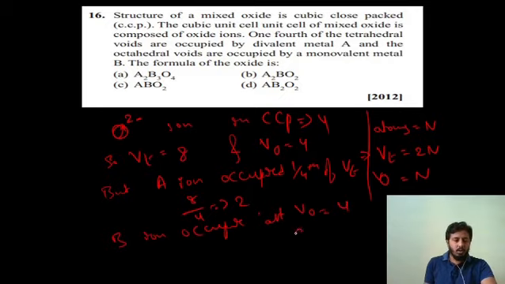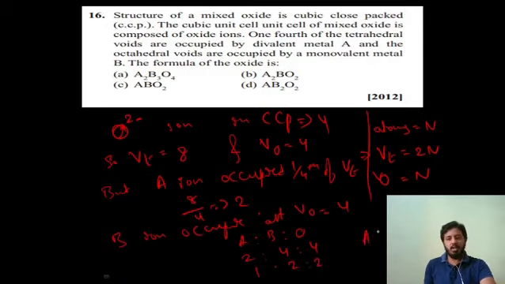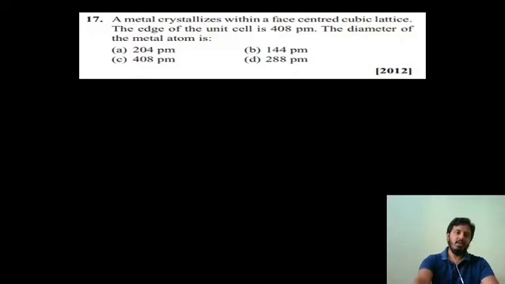So that A is to B is to O is 2 is to 4 is to 4. On simplifying, you will get 1 is to 2 is to 2. That is AB2O2, that is option D. AB2O2 is the formula of the compound.